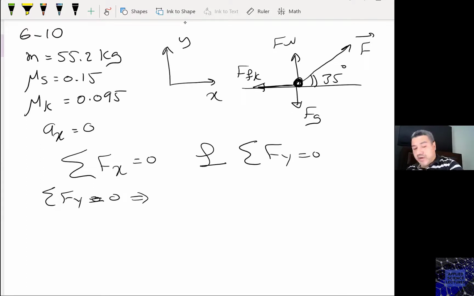What do I have along the y-axis? I have Fn, right? I have Fg, however, in the opposite direction. What else? I have the projection of F along the y, let me call this one Fy.